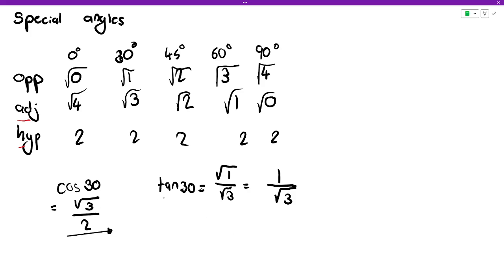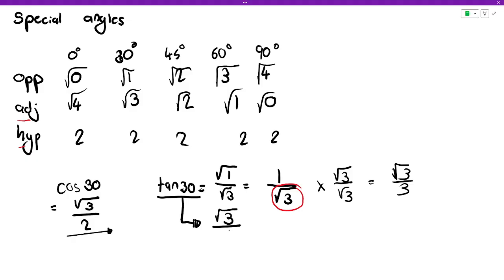Now, if you put tan 30 in your calculator, it does something interesting. Calculators don't like having a square root as a denominator, so it multiplies by root 3 over root 3. That's root 3 over 3. So when you put tan 30 in your calculator, you get root 3 over 3, which is wrong. That's how the teachers will know you are using a calculator. So just be careful about that one.